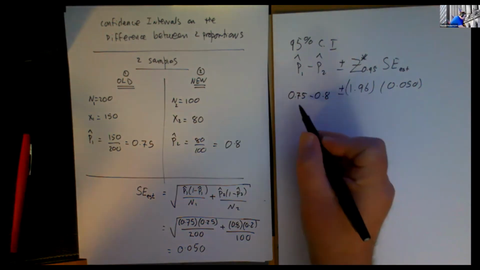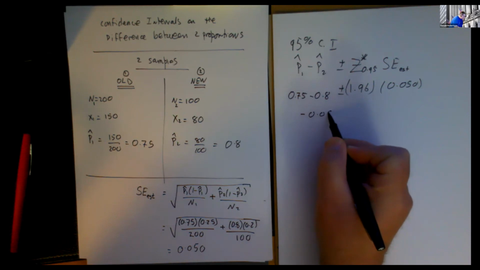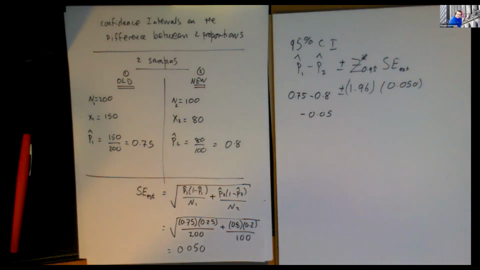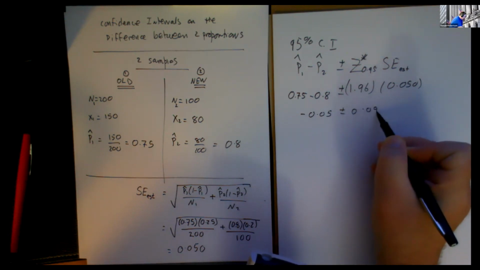Now, you take this away from this and you get a negative number. Now I'm going to do the next bit. I'll just type it in. You don't need to see it. 1.96 times 0.05, and I get plus or minus 0.098.